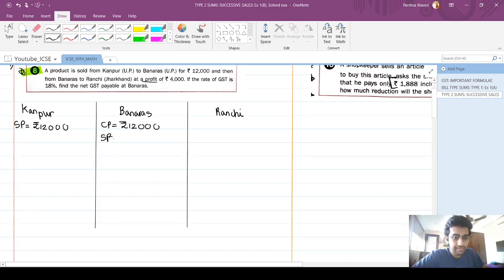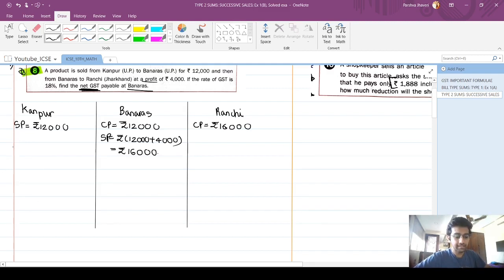So his SP will be rupees 12,000 plus 4,000, which is rupees 16,000. And we have to find the net GST payable at Banaras. So here we don't care much about what happens at Ranchi. All we know is that the person at Ranchi bought the product for 16,000. It's not going to be of any consequence in the sum.